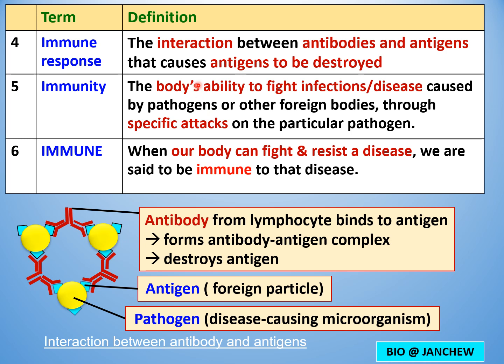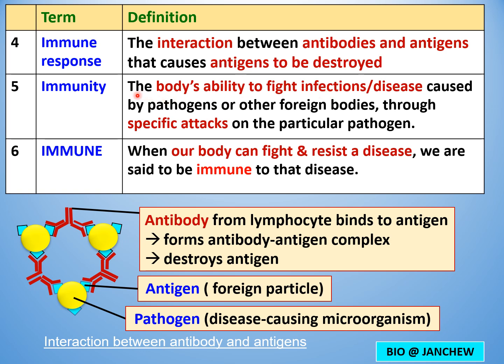So, immunity is the body's ability to fight infections or disease caused by pathogens. For example, if a person has strong immunity against a disease, it means that even if the pathogen were to enter his body, he is able to fight the infection and destroy the pathogens using antibodies, and he will not fall sick.